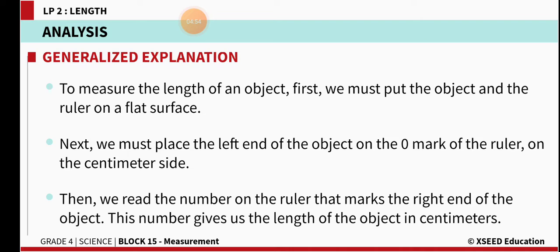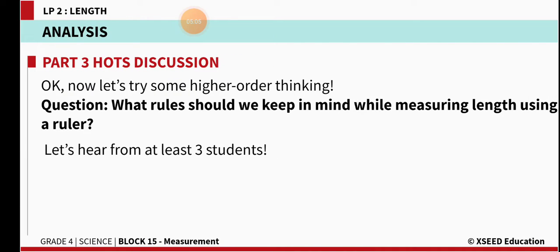Then we read the number on the ruler that marks the right end of the object. This number gives us the length of the object in centimeters. So whatever you need to measure, keep the starting point at 0 and find out the last number it is showing.